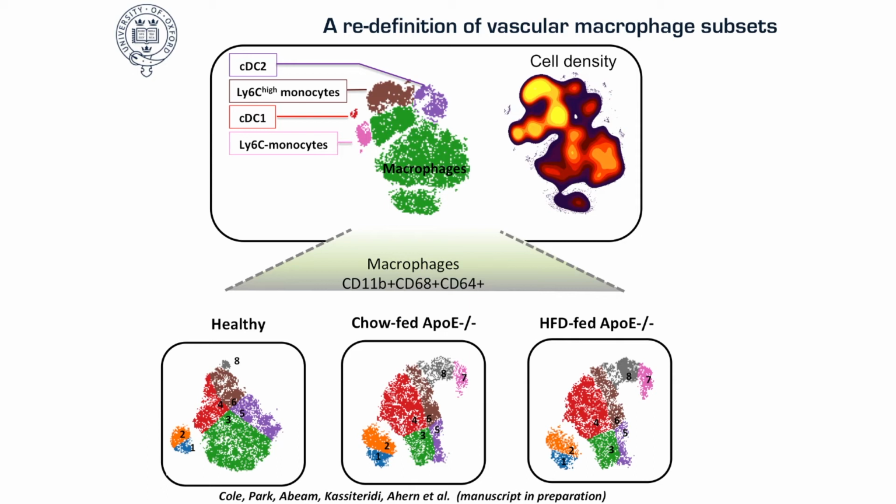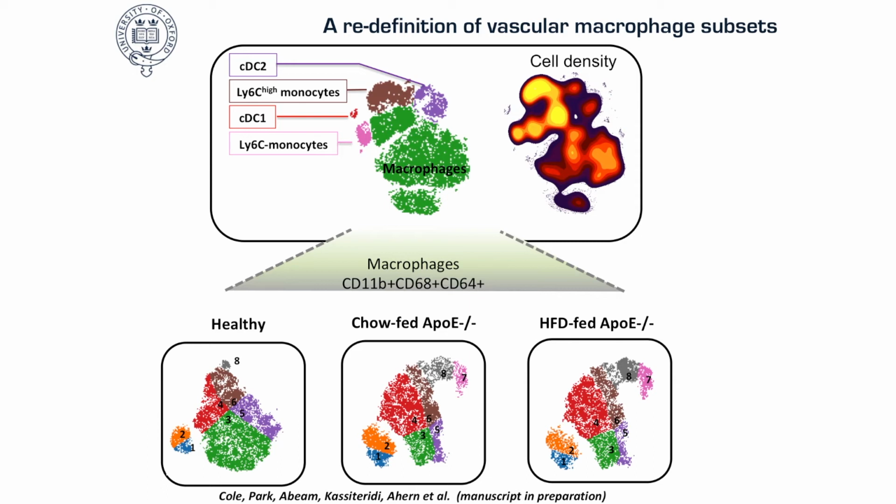So we ran a viSNE on this macrophage population, which are CD11b positive, CD68 positive, CD64 positive. One of the first surprises for us was that the healthy aorta already has a significant number of macrophage populations residing in the murine aorta.